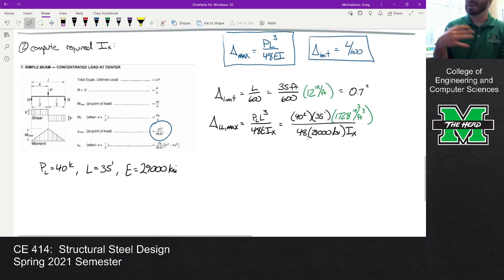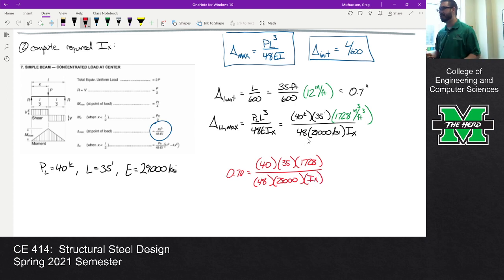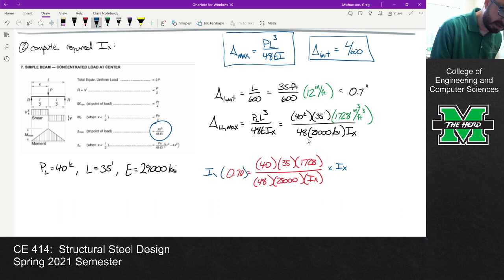Now that I've got my units accounted for, I'll do it just in red ink. So 0.7 equals 40, 35, 1728 over 48, 29,000 IX. And so all I need to do is multiply both sides by IX, that cancels, and then divide both sides by 0.7.